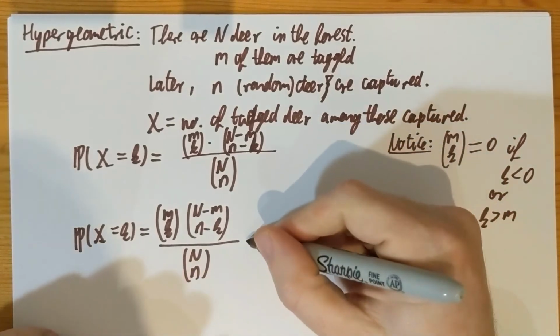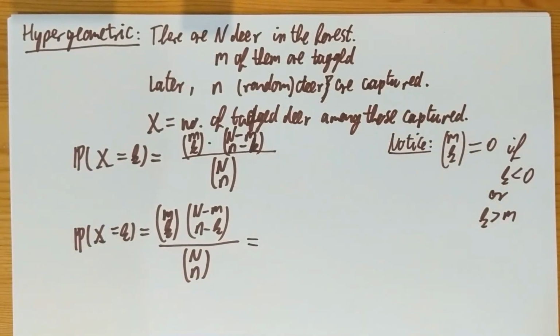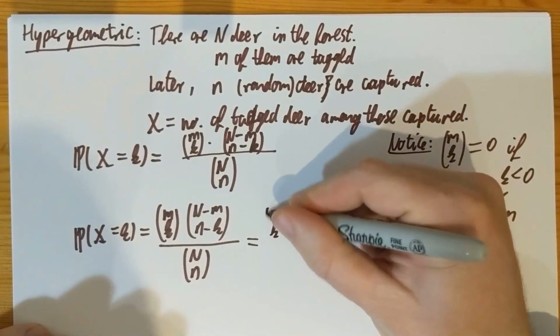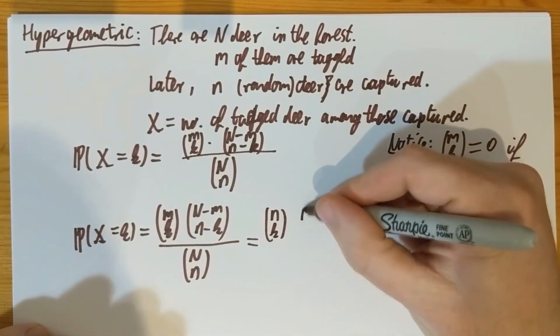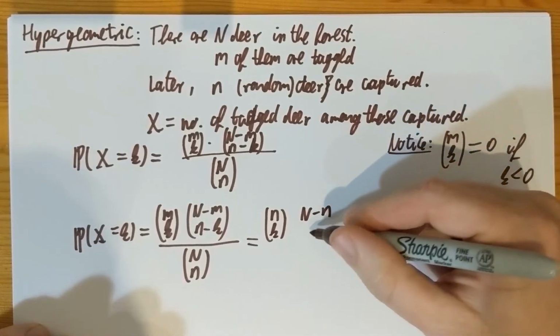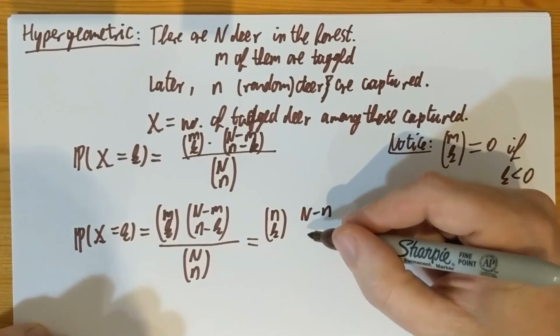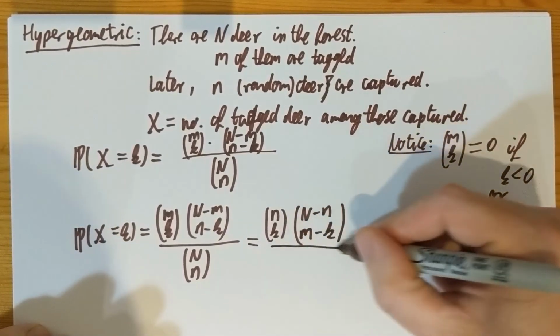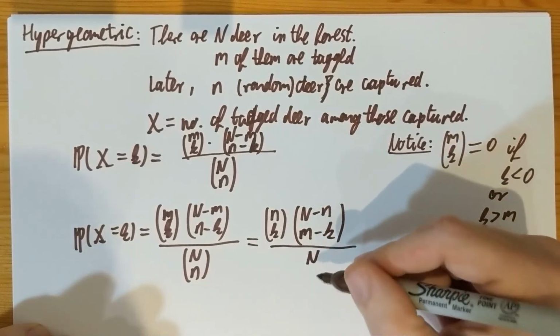And now if you carefully think this through, you end up with a very funny identity. This probability must be the same as m choose k, N minus m choose n minus k... that is, n choose k times N minus n choose m minus k, divided by N choose m.